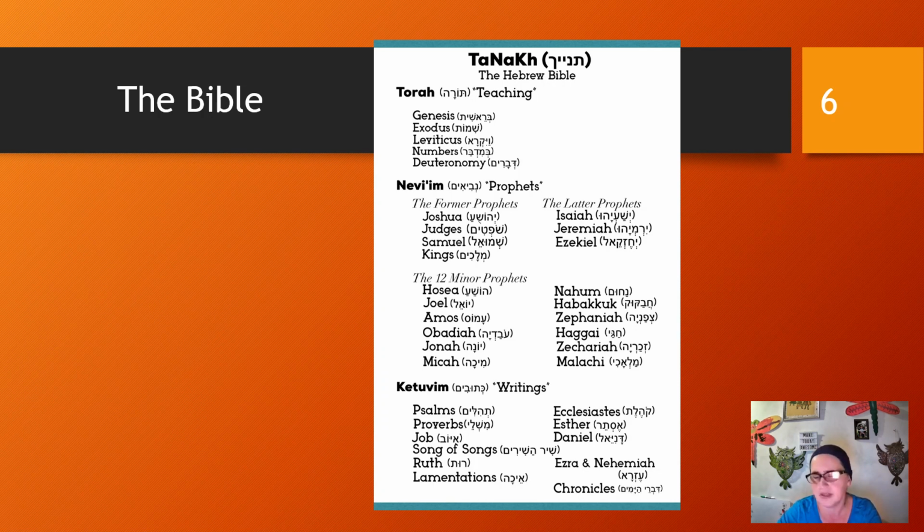Because remember, these are still scrolls. Codexes wouldn't come along for quite some time. They're handwritten scrolls at this point. But from 70 CE, the fall of the temple, till about the 3rd century CE, we get a canonization process in which the Hebrew Bible, as we know it today, with the 24 books, is formalized.